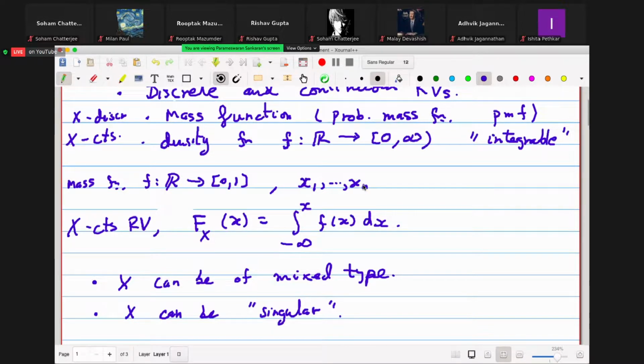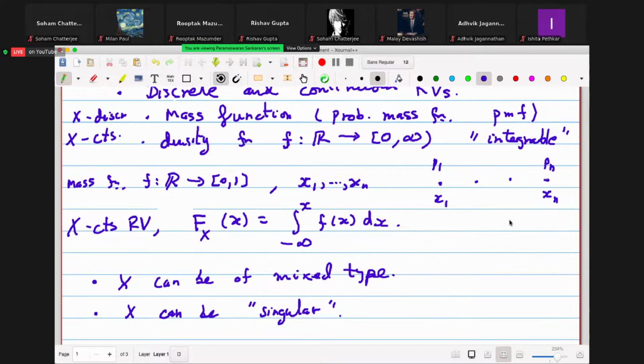Discrete, I told you how you should imagine. You have these points x1, x2, up to xn. On these, some weightages are associated, which are just probabilities p1 to pn. You think of them as atoms with masses p1 to pn. Of course, the summation of pi must be equal to 1.